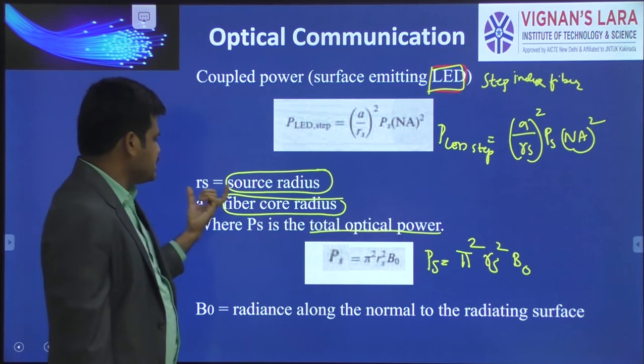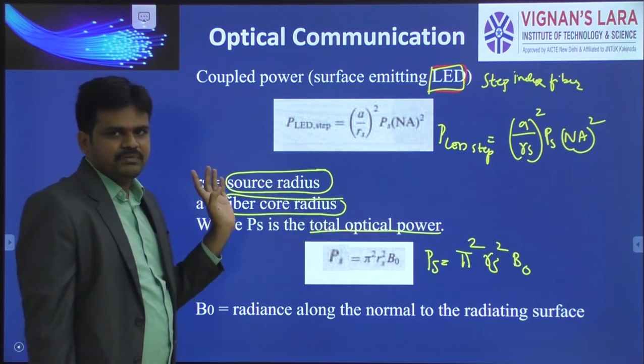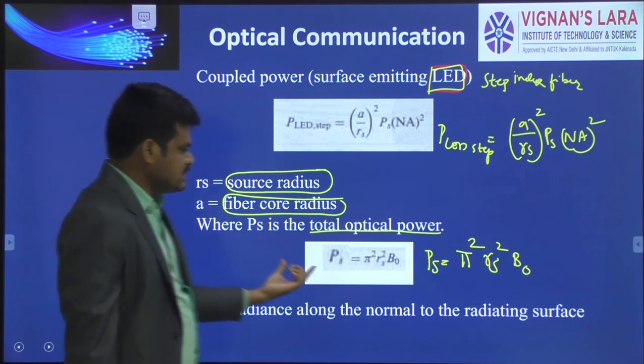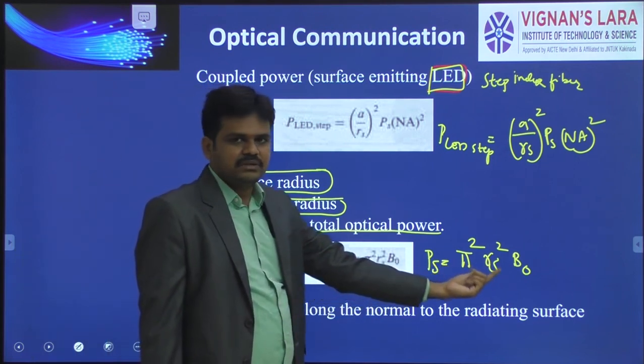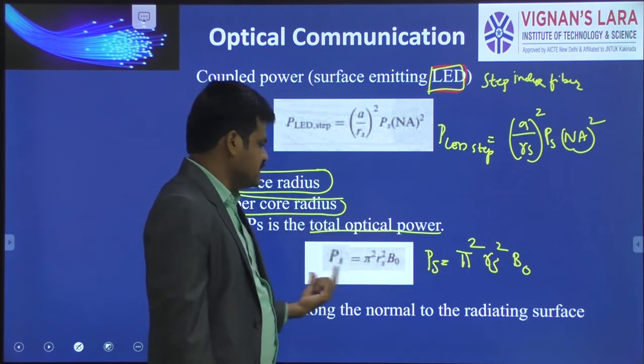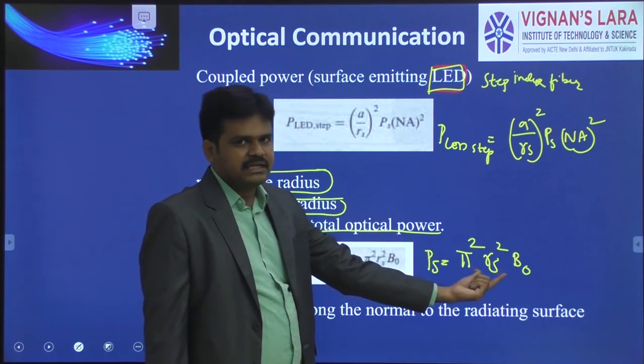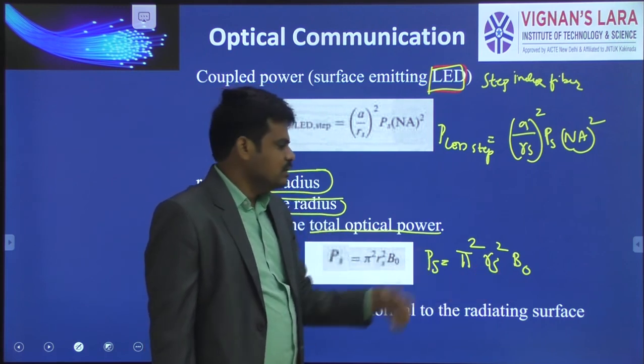Core radius. What is RS? Source radius. What is PS? Total optical power from the source. Then PS, total optical power, is pi square RS square into B naught. So here total power is depending upon the radiance as well as the radius of the source.